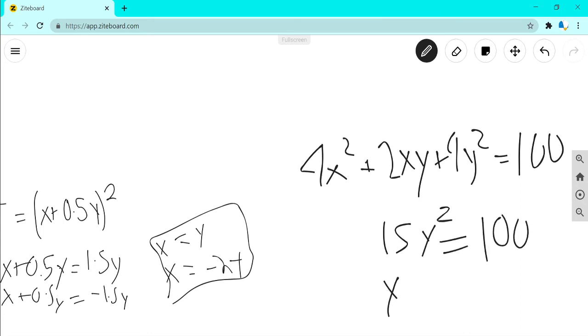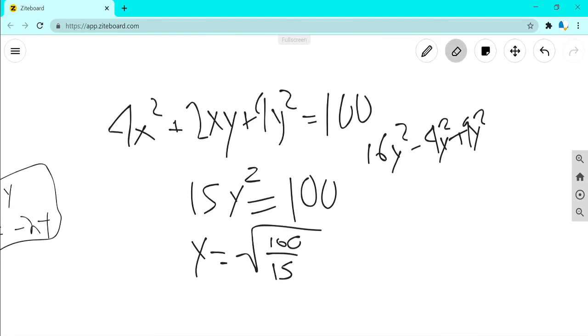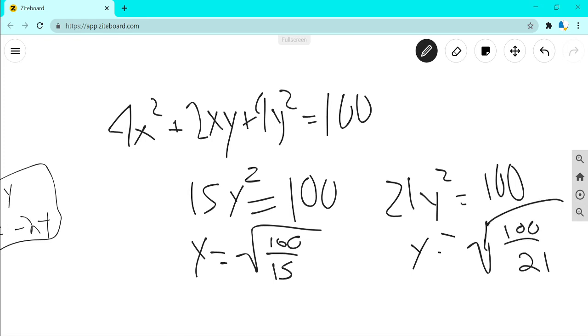Then y is equal to the square root of 100 over 15, which you could simplify, but we don't really need to. If x equals negative 2y, then you're going to get 16y squared minus 4y squared plus 9y squared, which is just 21y squared equals 100. So y is equal to the square root of 100 over 21.